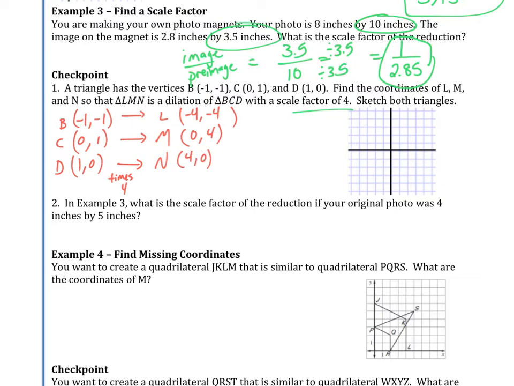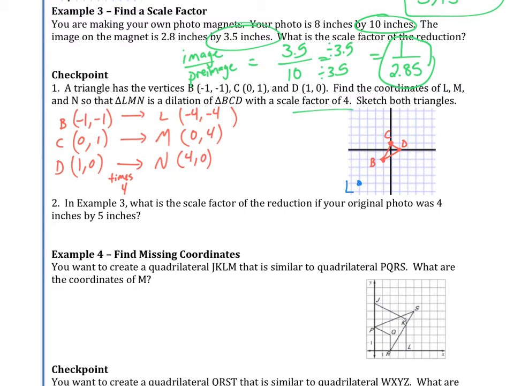So if we sketch this, BCD: B is -1, -1. C is 0, 1. And D is 1, 0. B, C, D. LMN: L is at -4, -4, counting 1, 2, 3, 4 on each axis.